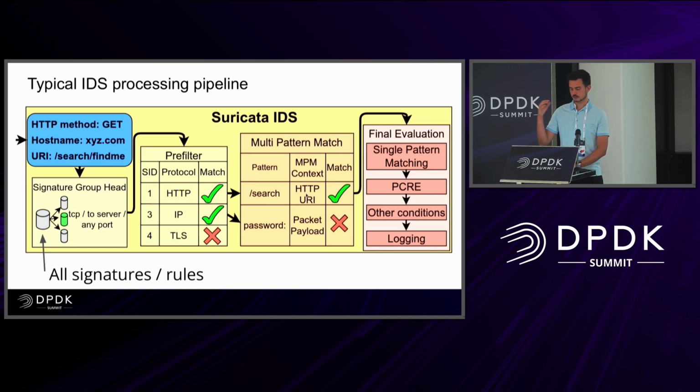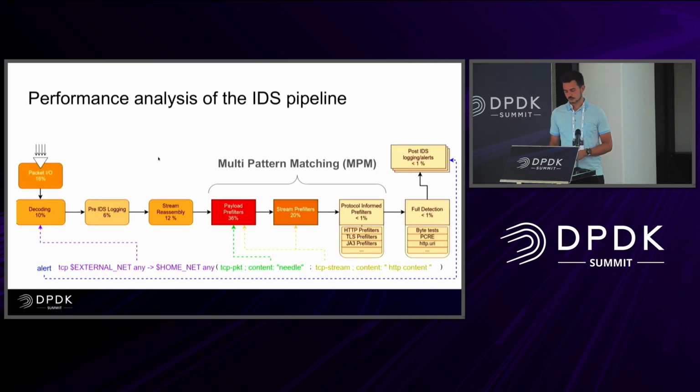So if the rule is concerned about HTTP, it is only applied to HTTP packets. But packet payload is the most generic. When it cannot match on anything else, it falls back on the packet payload, and it inspects just the packet itself. And that's what actually takes the most time.